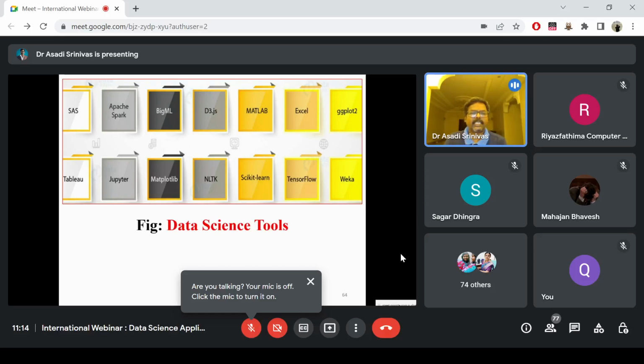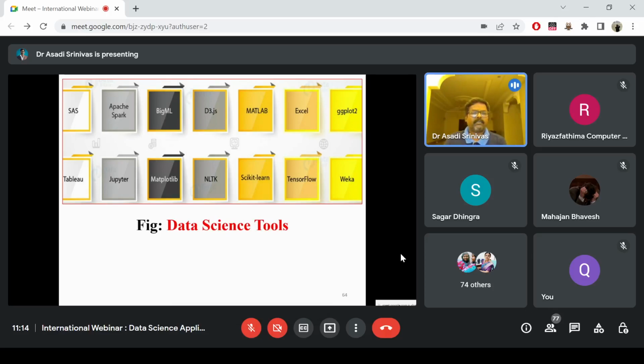Jupyter is an editor where you write Python code, and Tableau is a visualization tool to generate various graphs, and SAS is a statistical analysis software, especially for social sciences, and Apache Spark is a big data tool.